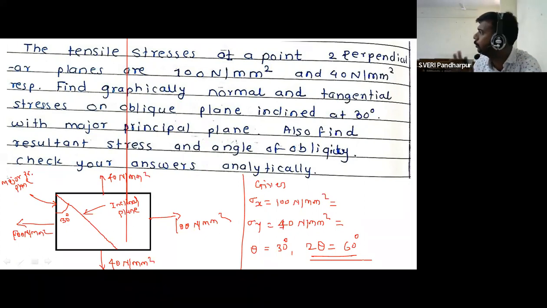Therefore in the graphical method also we have to consider the 2 theta value only. Okay, so these are the given parameters.